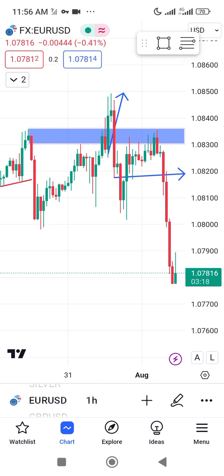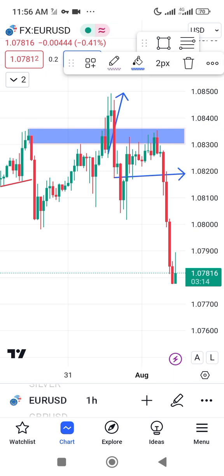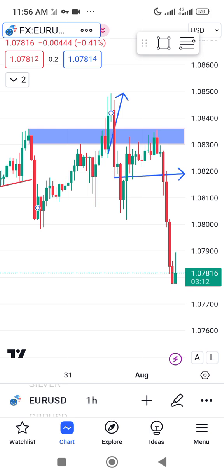POI either within our zone, this zone that got invalidated. So you can see this price closing back into the zone still makes the zone our POI. So our POI is still active because price has closed back into the range. You can see this three candlestick pattern.